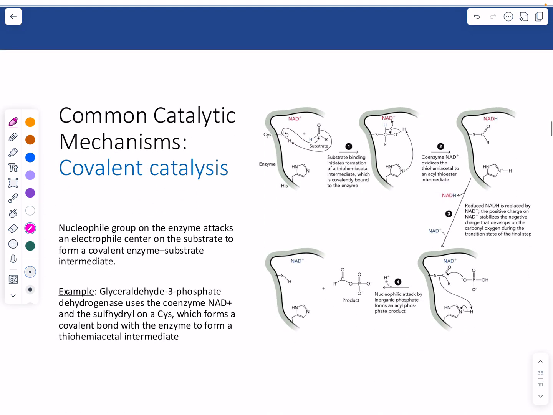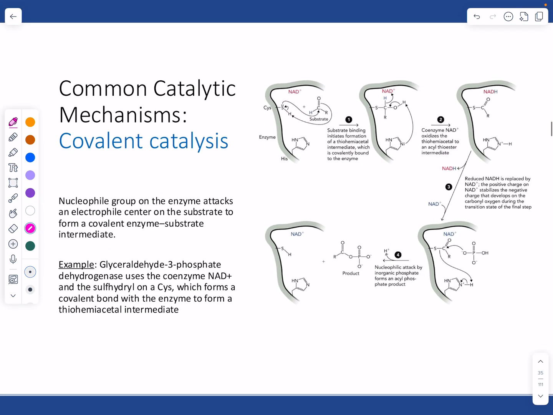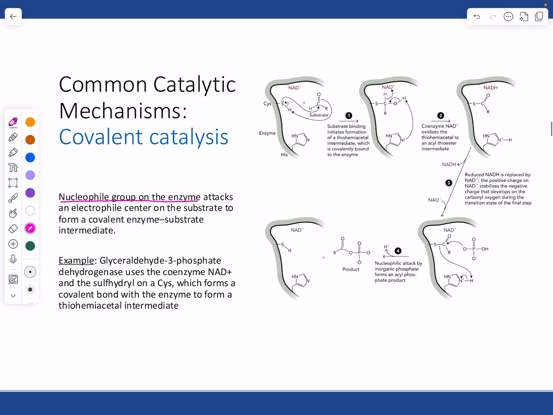So now we're going to look at covalent catalysis. So in covalent catalysis, okay, you're going to have a bond forming, as we mentioned before, between the enzyme and the substrate. That's going to involve a nucleophile on the enzyme, which is going to attack an electrophile on the substrate. And that's going to form a covalent bond between the enzyme and the substrate.